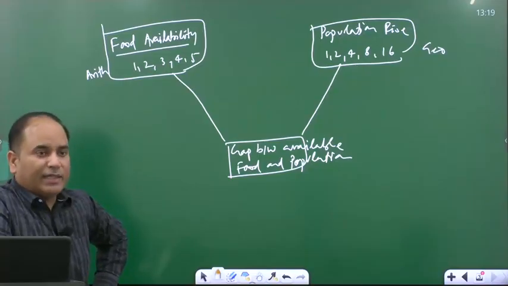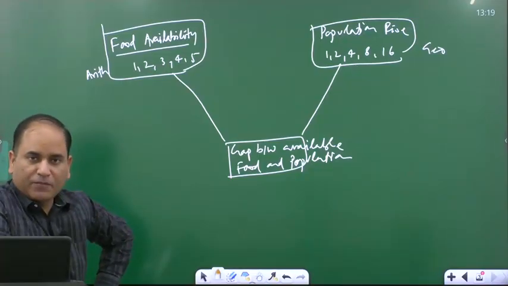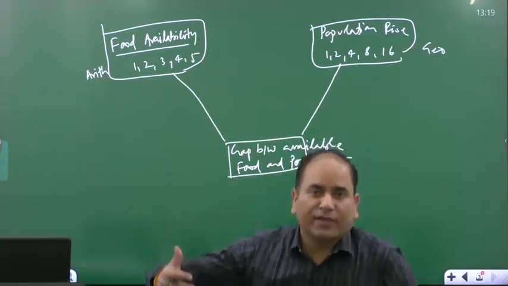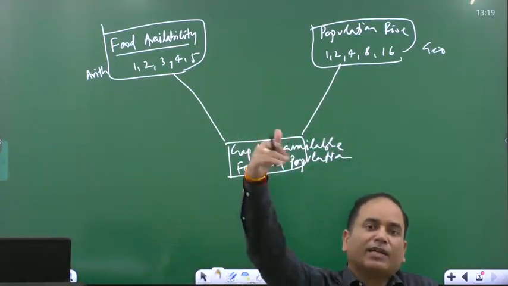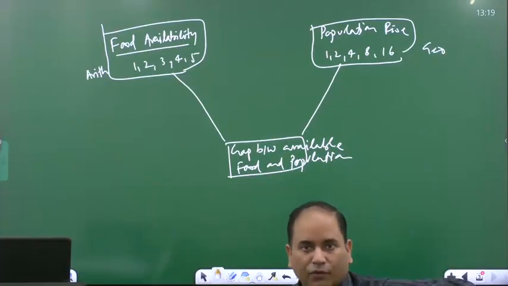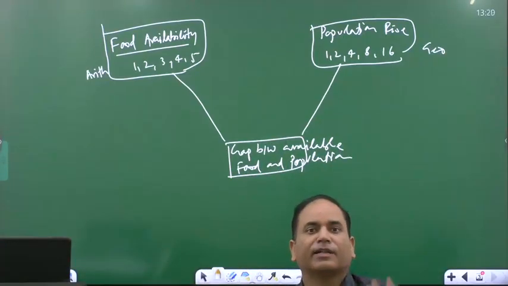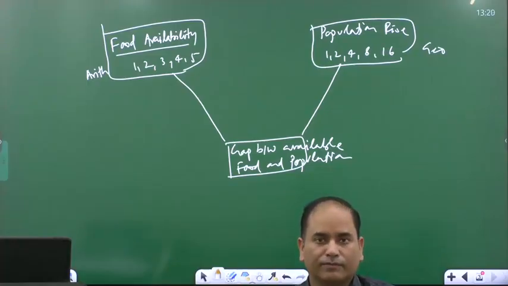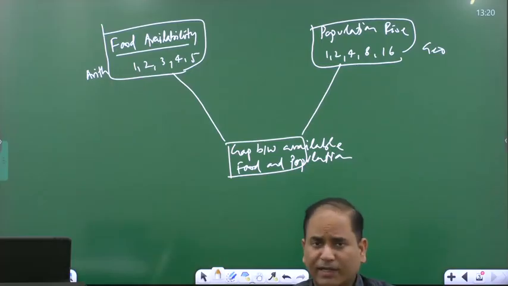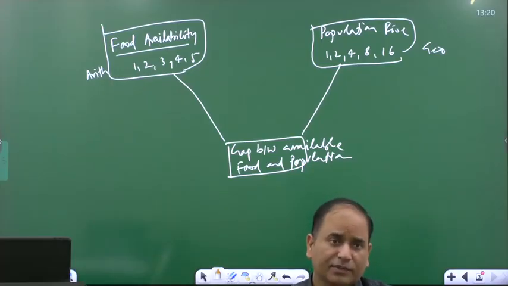Now Malthus suggested two very interesting things. Because of this passion for sex, there will be a geometrical growth of population. Because of food for survival, there will be arithmetic growth of food. Over the period of time, people will realize that population is going to be very problematic.